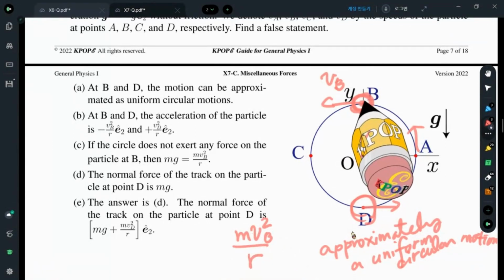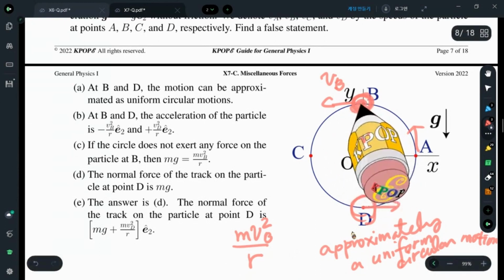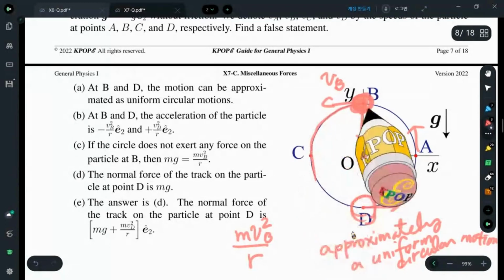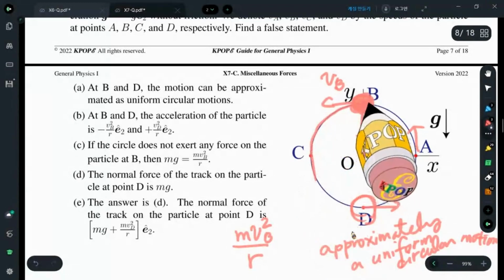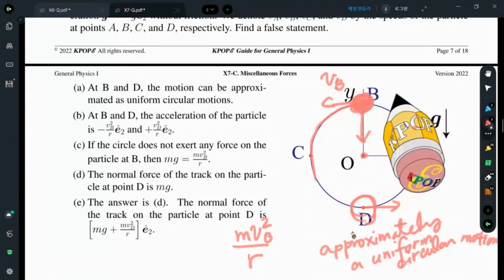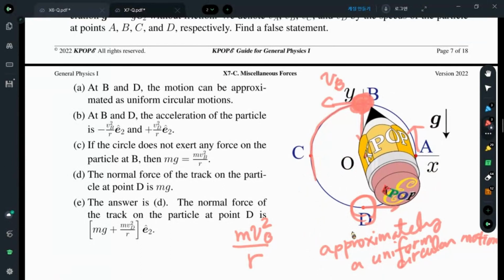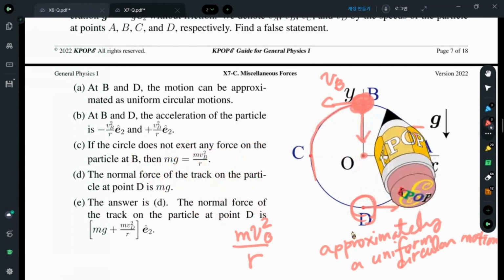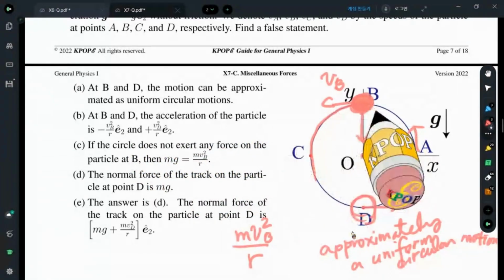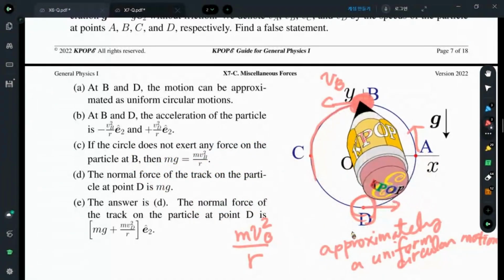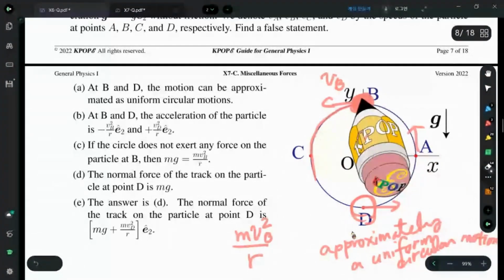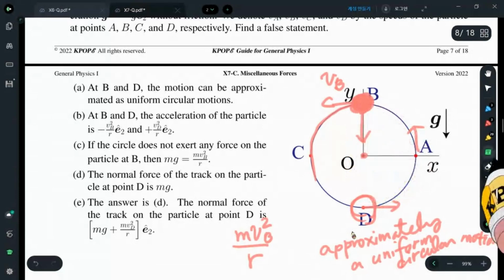As you know, this particle is constrained to follow the circular track, so it is possible for a normal force to be applied. However, at a very small velocity, it barely passes through this top point B, in that case, you can ignore this.